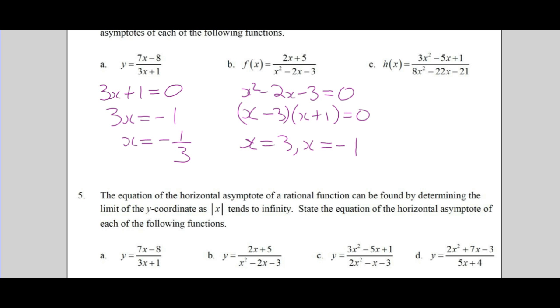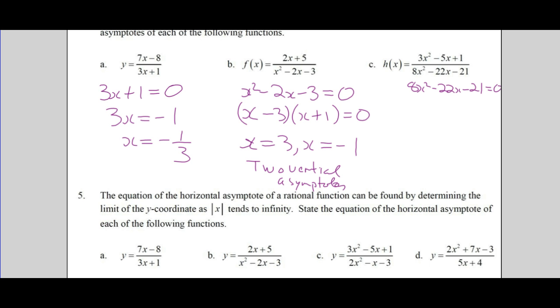So in this case, there are two vertical asymptotes, right? Two vertical asymptotes. Okay, 8: 4 and 2. 21: 7 and 3.